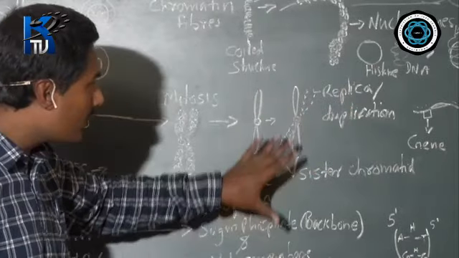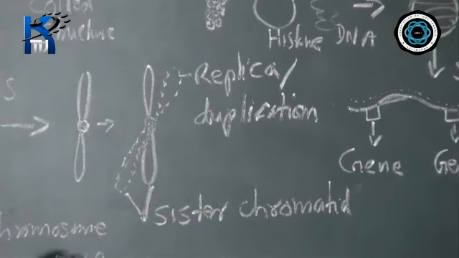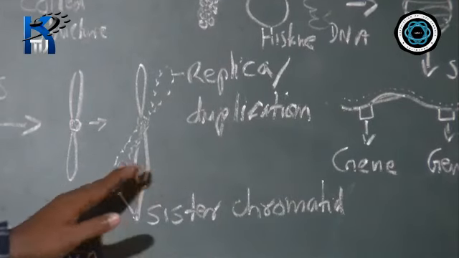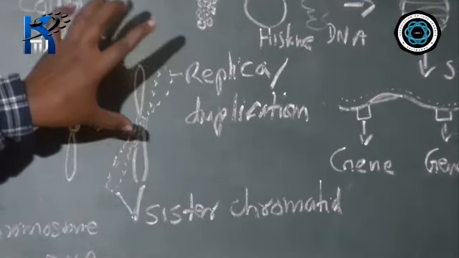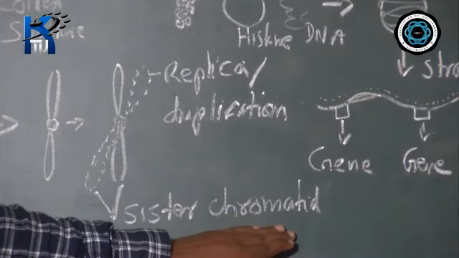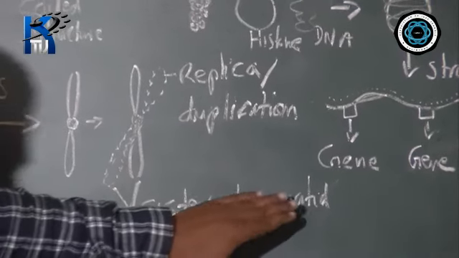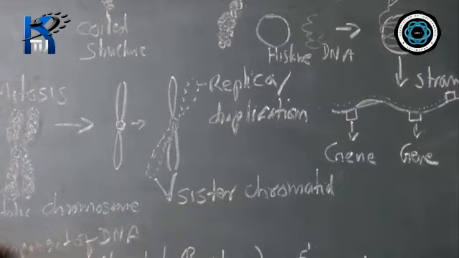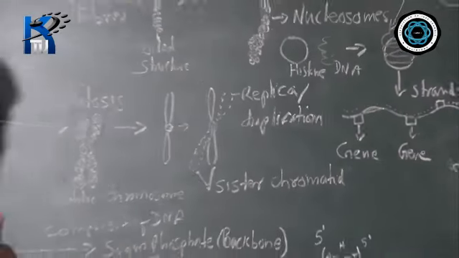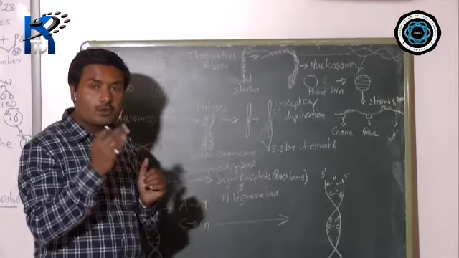After it goes under duplication, both of them are similar in nature. Both of them are identical in nature. This identical chromatin structure, you call it as sister chromatid. Now, this sister chromatid, in the meiosis part, they will go under crossing over.